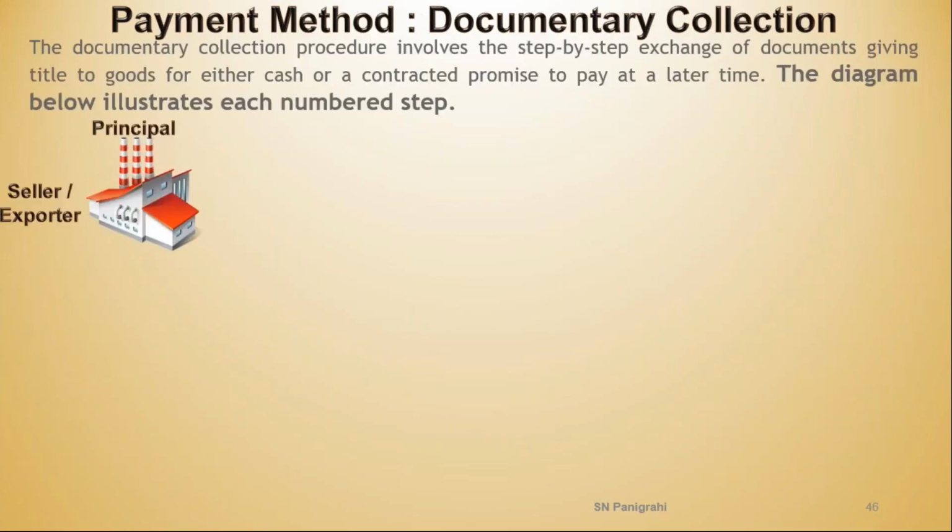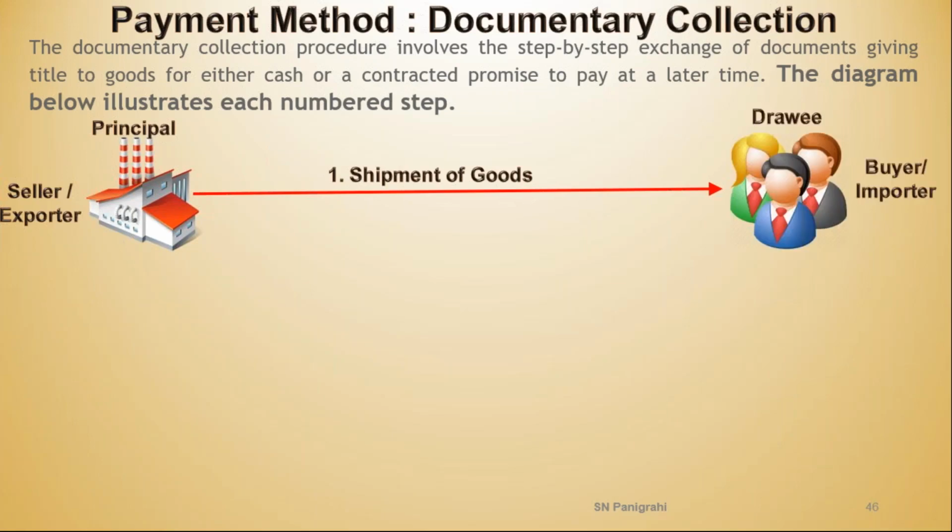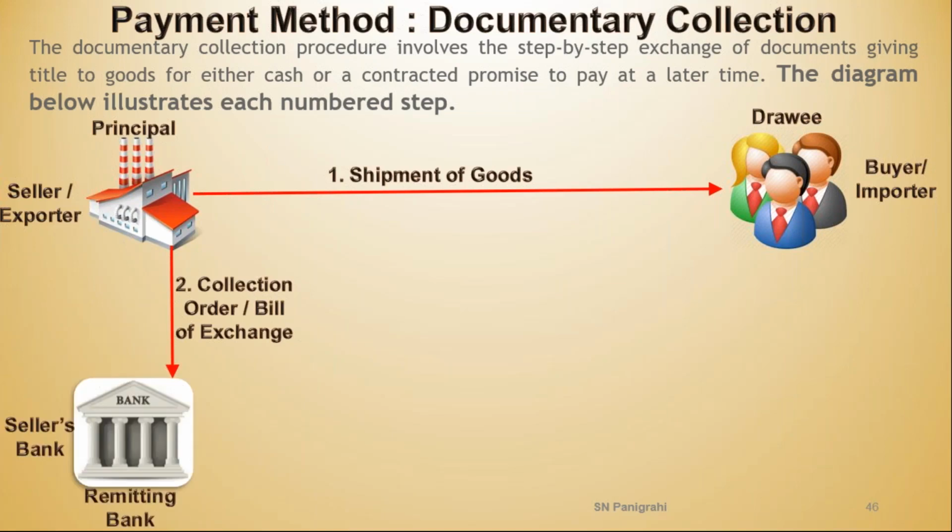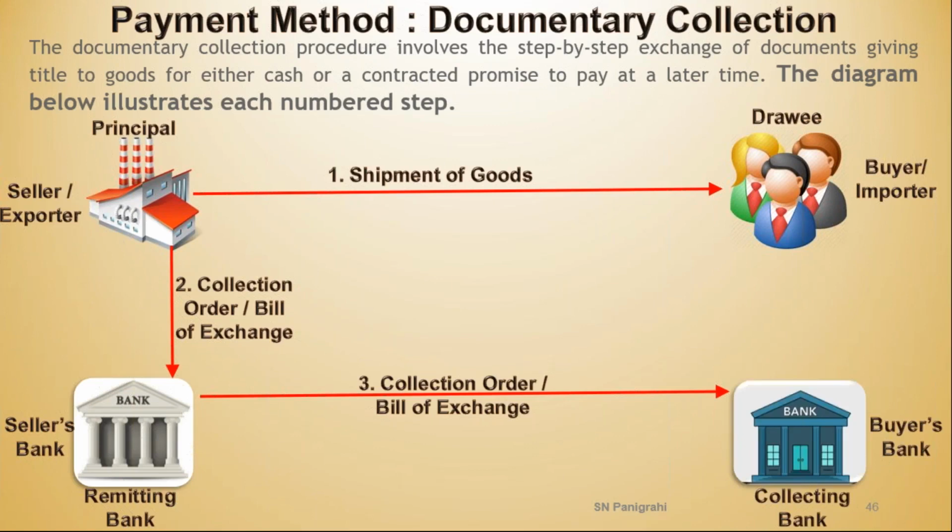Document collection, how does it happen? I will explain again. There is an exporter. The exporter first makes the shipment to the buyer, and he submits the documents to the exporter's bank. Then the exporter's bank will forward the documents, mainly the bill of exchange along with other documents, to the importer's bank.